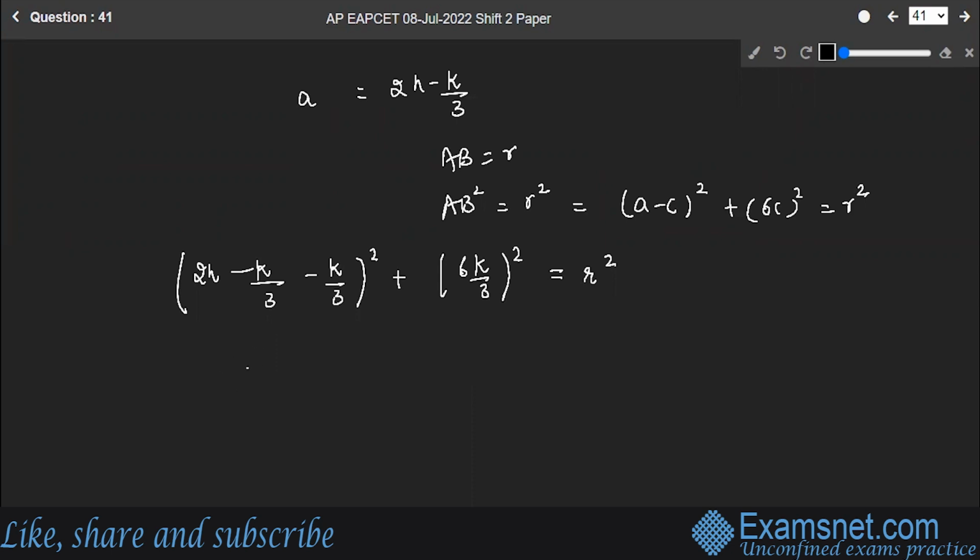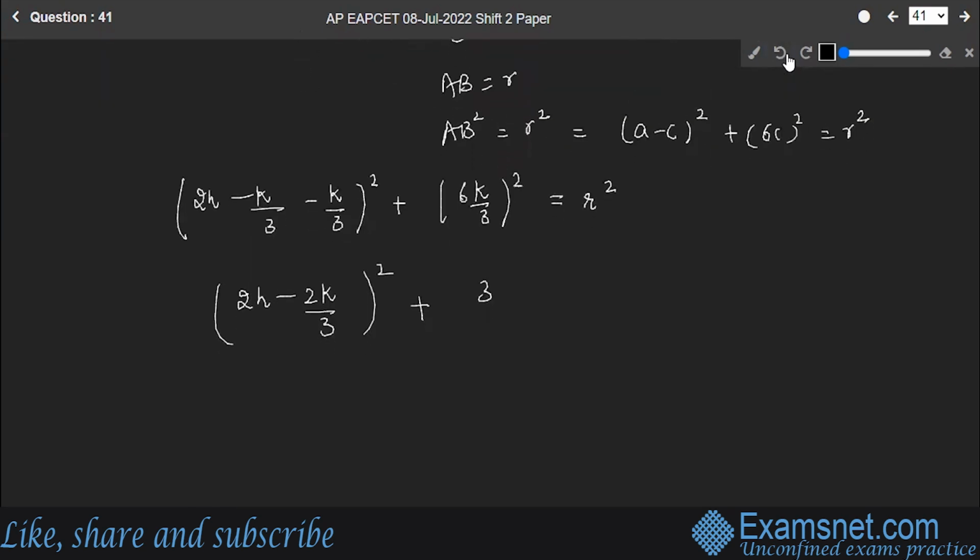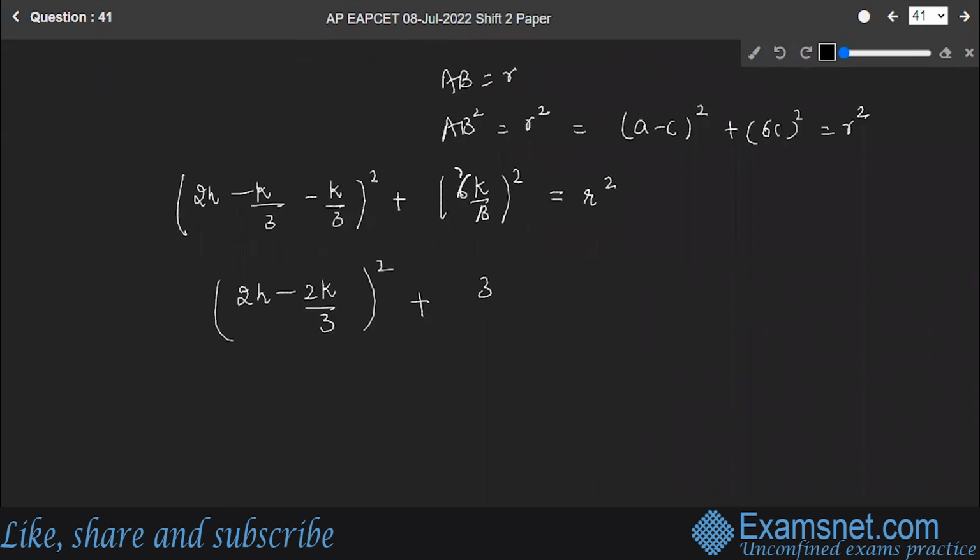This will give you (2h - 2k/3) squared plus 36k squared upon 9. They will cancel out and you will write down 4k squared is equal to R squared. So I'll take 4 common from here as well, and you will be left with (h - k/3) squared plus 4k squared is equal to R squared.